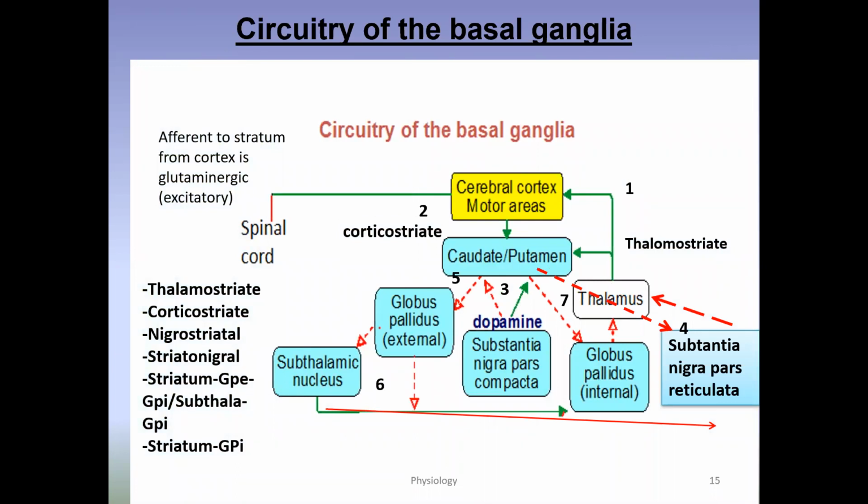We also saw the different internuclear connections: the nigrostriatal pathway, striatonigral pathway, striatum to the globus pallidus external segment, then globus pallidus external segment to the subthalamic nucleus, and then to the GPI, that is the globus pallidus internal segment. Again, striatum to globus pallidus internal segment. Just remember that the globus pallidus internal segment is the main output for the basal ganglia.